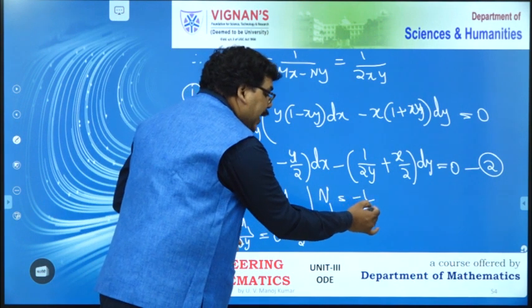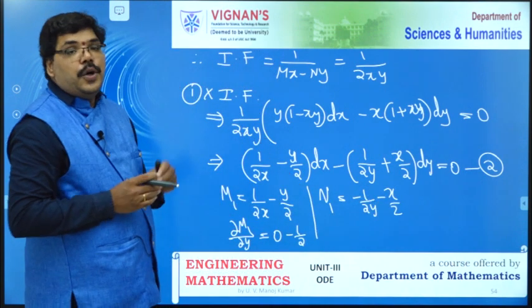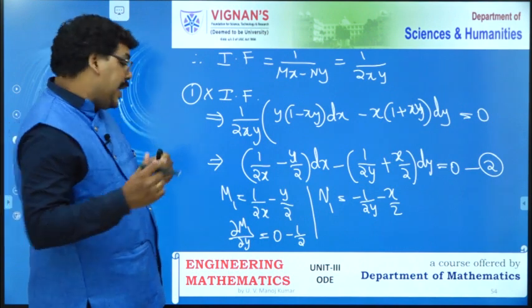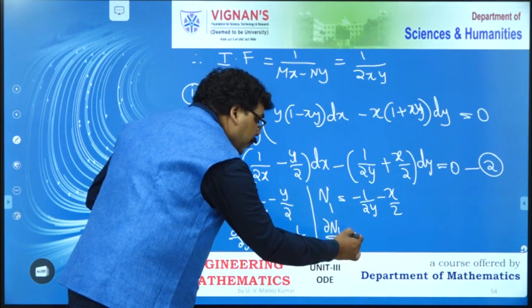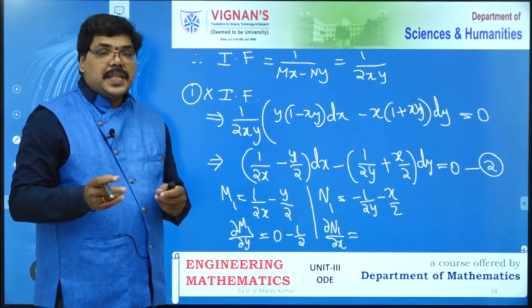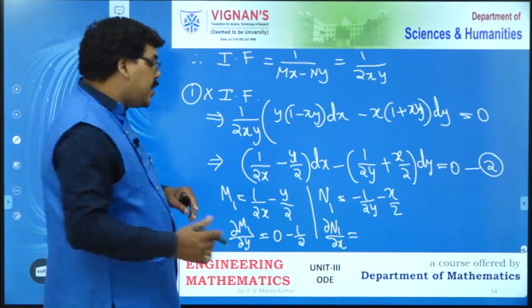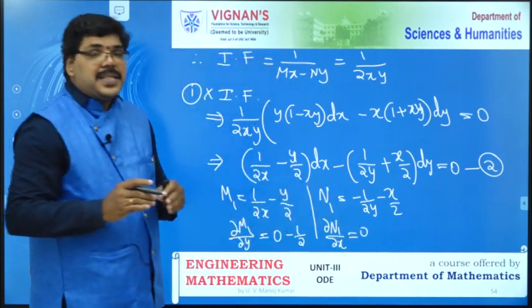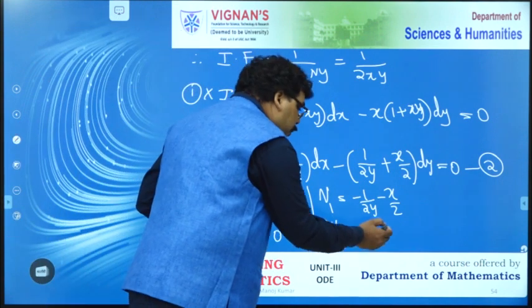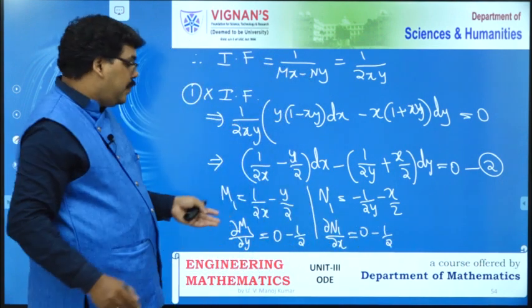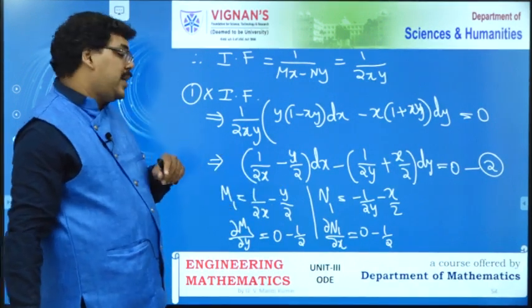Minus 1 by 2y minus x by 2. Dou M by dou y, dou N by dou x. I want to find dou N by dou x. When I am differentiating with respect to x, y is constant, 1 by 2y is constant, derivative of constant is 0. What remains? Minus x by 2. Derivative of x with respect to x is 1, so minus 1 by 2. So both are same. Therefore, this differential equation 2 is exact.